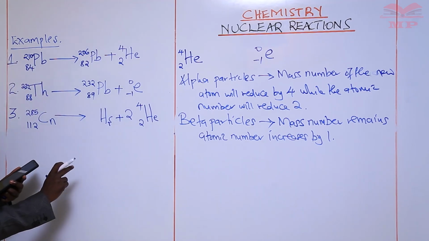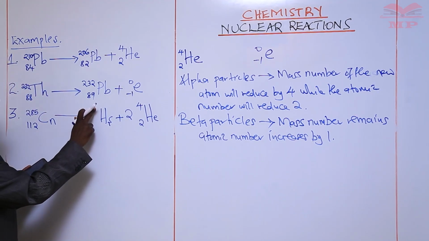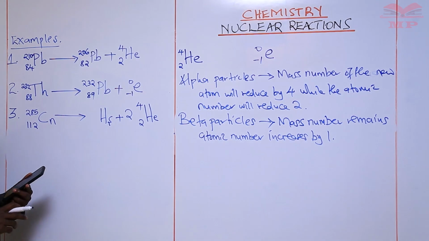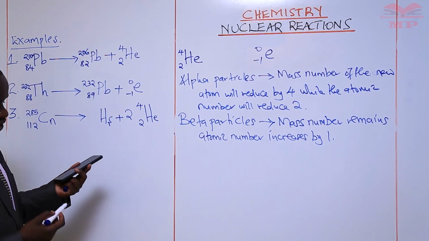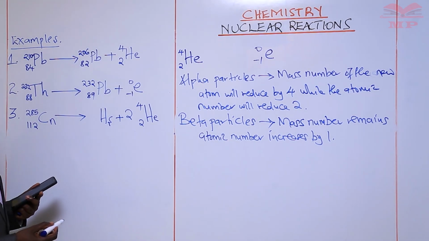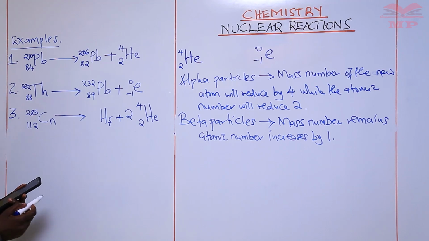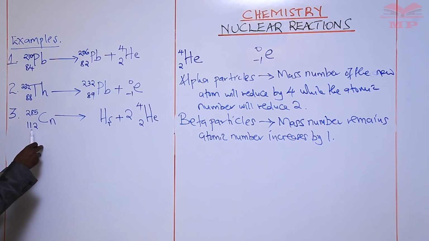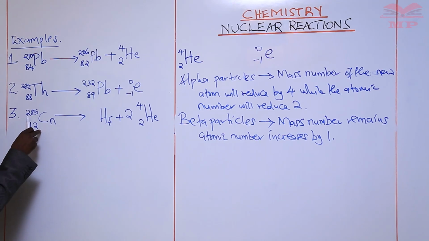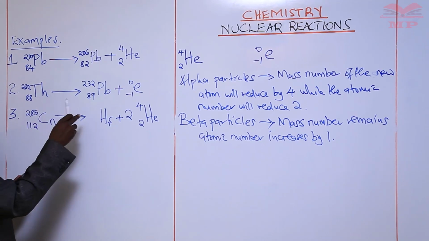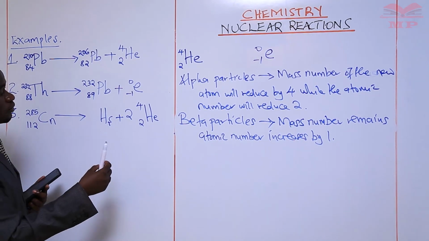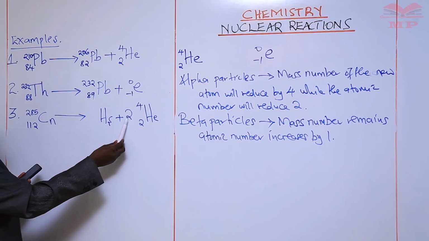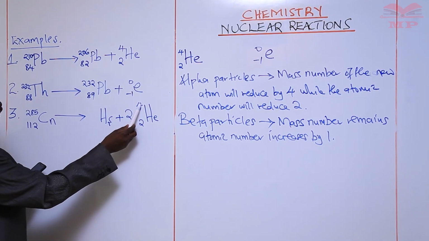So we need to get the mass number of the new nuclide as well as the atomic number. So it's just a matter of balancing the atomic number as well as the mass number. So you check on the left, I have a total of mass number 285. On the right, I should also have the same. So that means I will now take 2 multiplied by 4, because we are emitting 2 alpha particles.